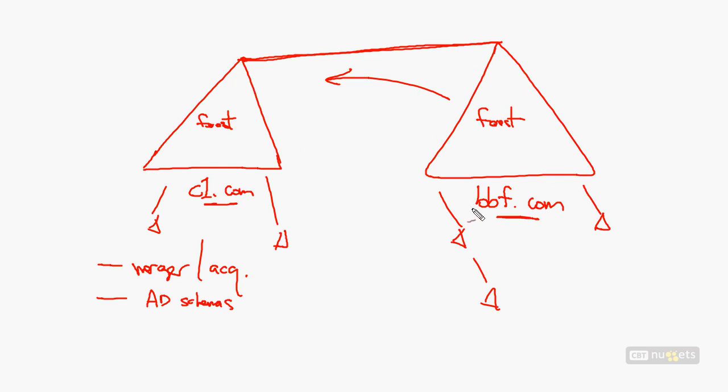But in situations where you have a separate forest structure, maybe it's for developers, or maybe you're working on some piece of code, or maybe it has specific security requirements because you're storing sensitive data, in these cases you may have a different Active Directory schema itself. And when that schema needs to be different than that of your primary forest, well, then you create multiple forests and multiple forest trusts. Remember, we're not talking about the objects in the database, we're talking about the structure of the database itself.